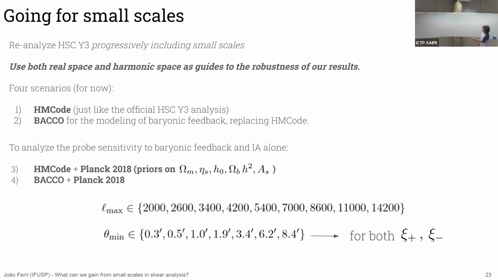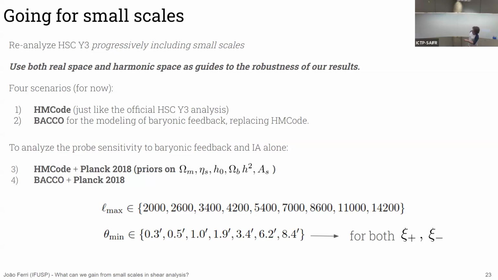So the main plan here is, for each, to make a lot of scale cuts, including more and more data points to see what changes in the cosmological parameters and the intrinsic alignment and baryonic feedback parameters.